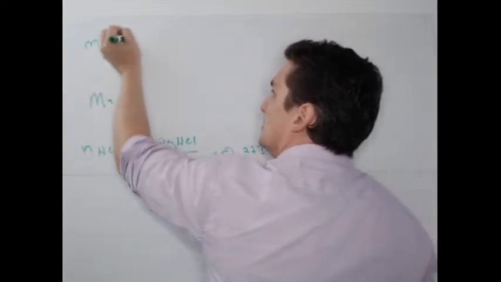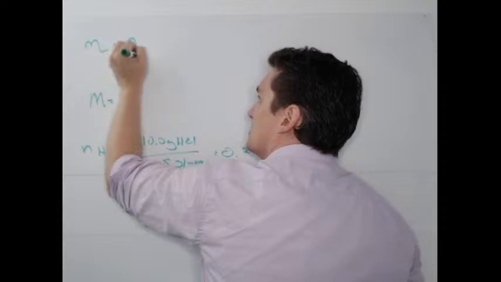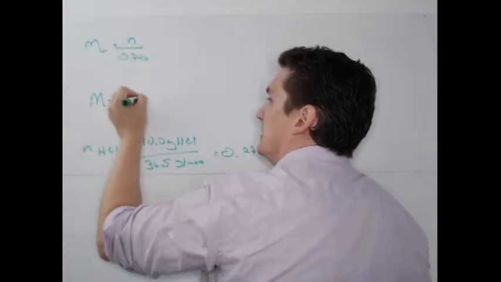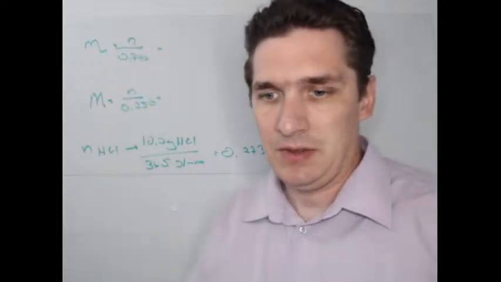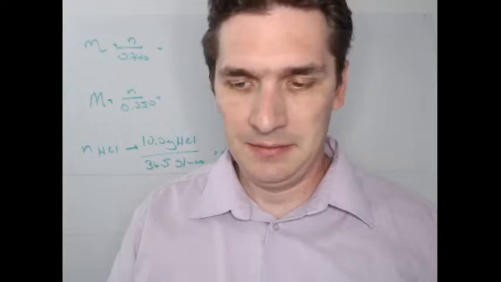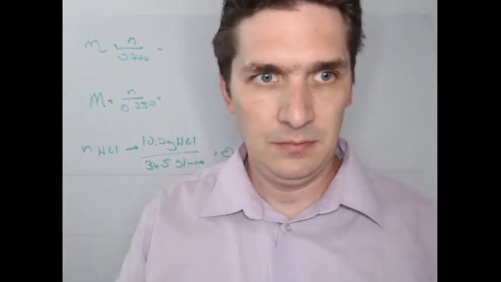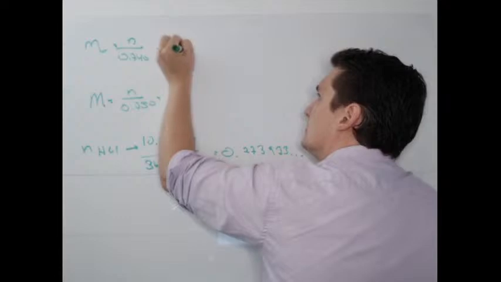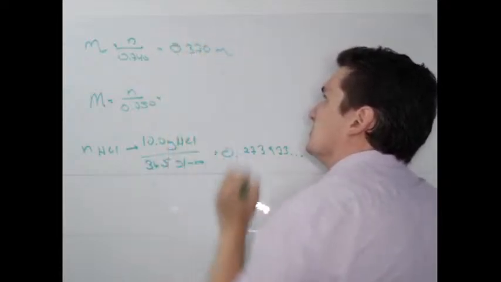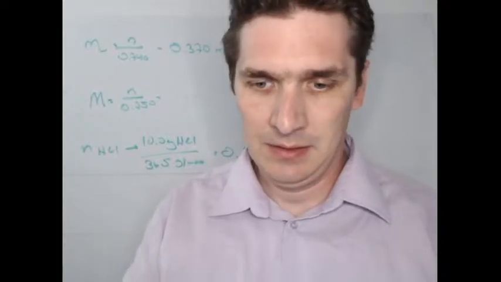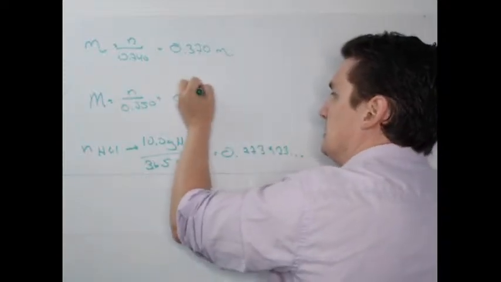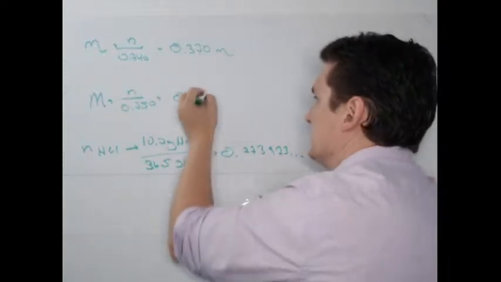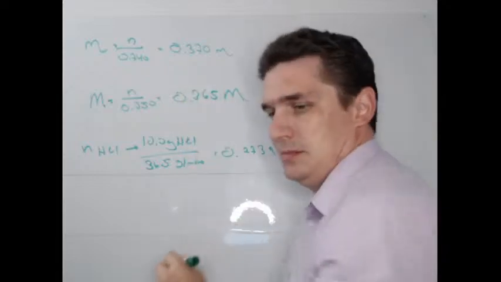For the molality, it's moles divided by the kilograms of solvent, so 0.0704. For the molarity, it's the moles divided by the volume, which is 0.750 liters. So if I do that math, the molality is 0.37 molal. The molarity here is 0.365 molar.